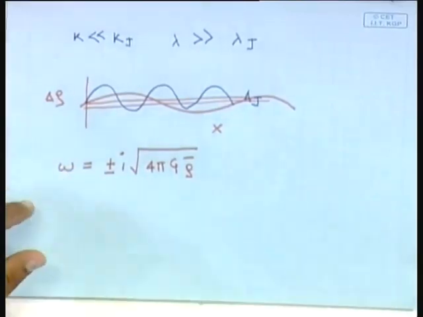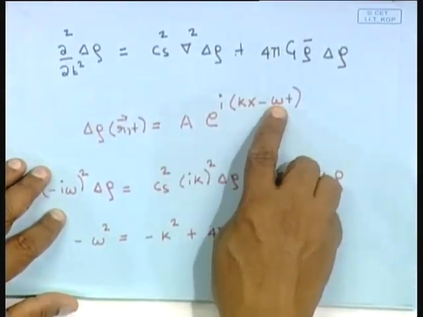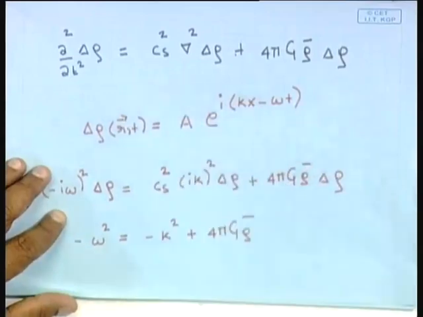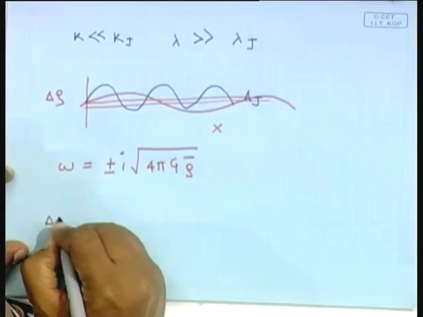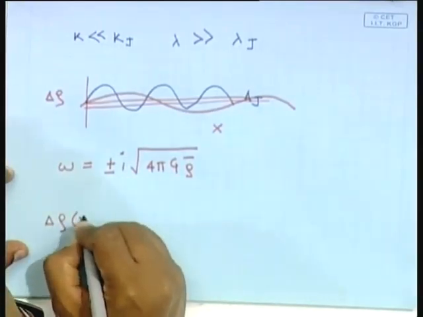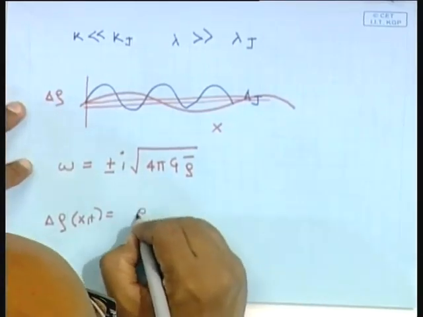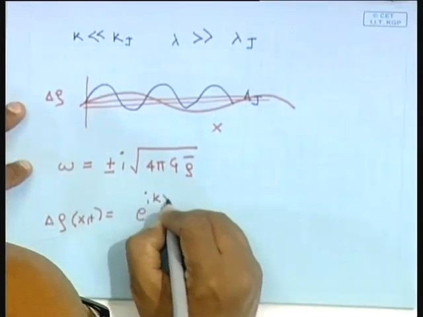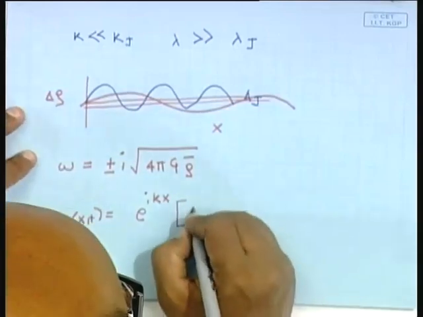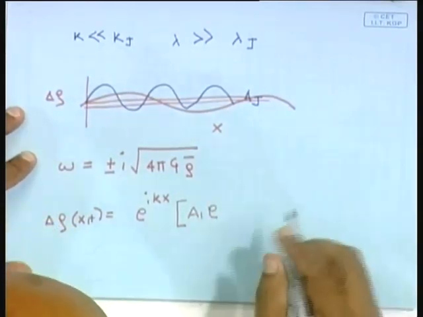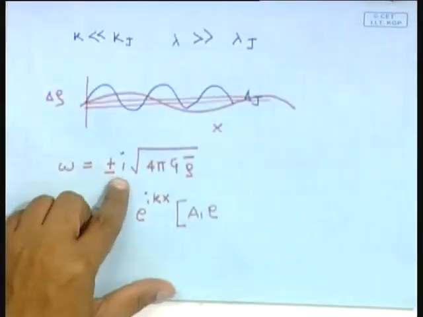What does an imaginary solution imply? This was the trial solution, and if omega is imaginary, the solution delta rho as a function of x and t now looks like this. There is e to the power i kx, this is fixed, and I have two possibilities, plus omega and minus omega. I already have an i here, so when you multiply it with the i over here, you will get a minus sign.